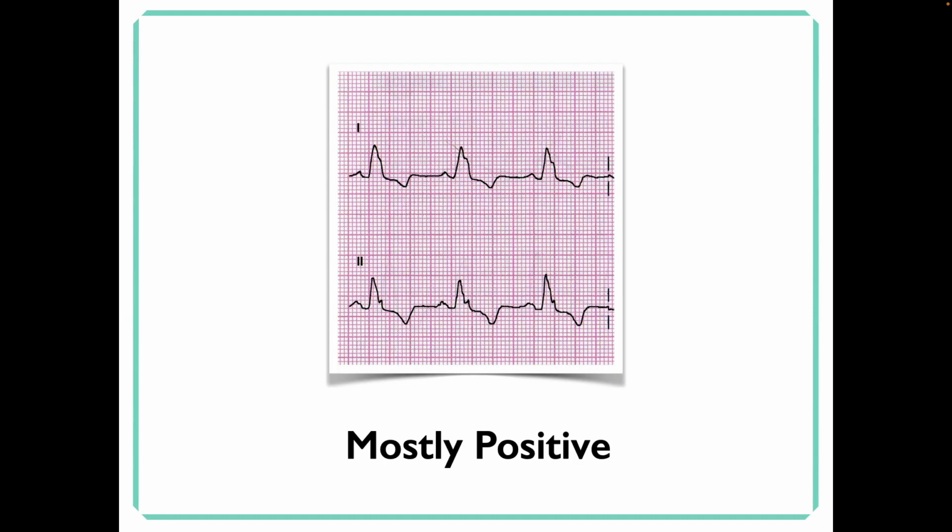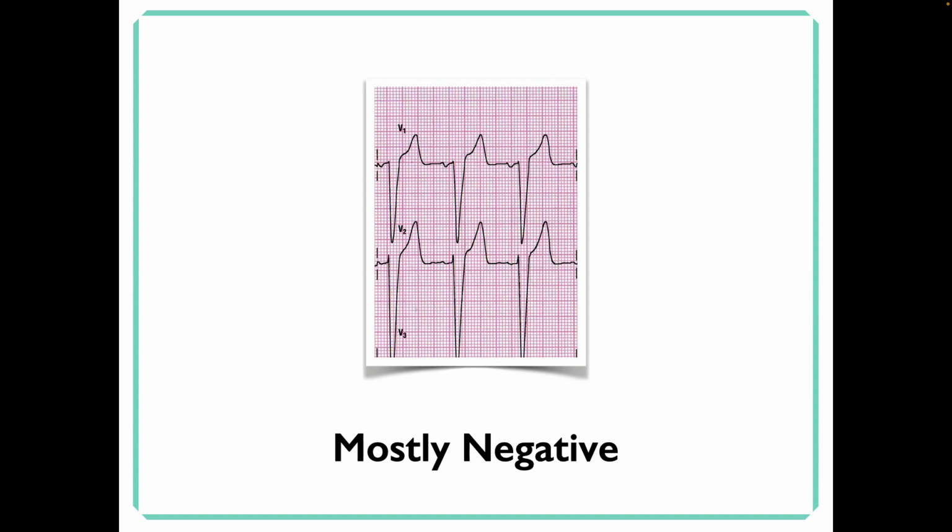So, for example, this comes off of a left bundle branch block, and this is leads 1 and 2, mostly positive. In fact, that's one of our criteria for lead 1, okay? And if we look at other parts of it, mostly negative. So in this one, V1 is entirely negative, and this one it's mostly negative.